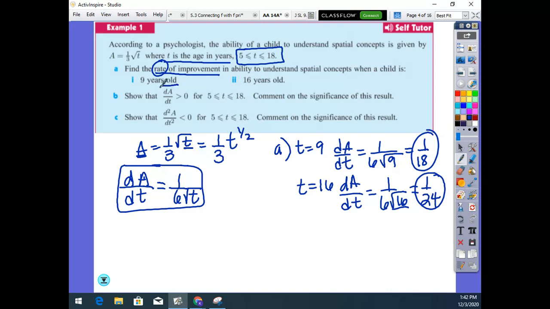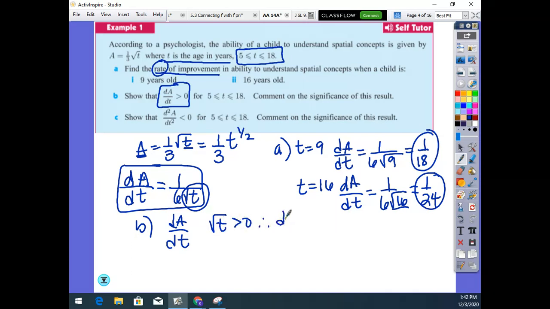Okay, show that the derivative is always positive. Greater than 0 just means positive. So if I'm looking at dA dt, the only thing affecting the sign is the square root of t, right? I know the square root of t is always positive.